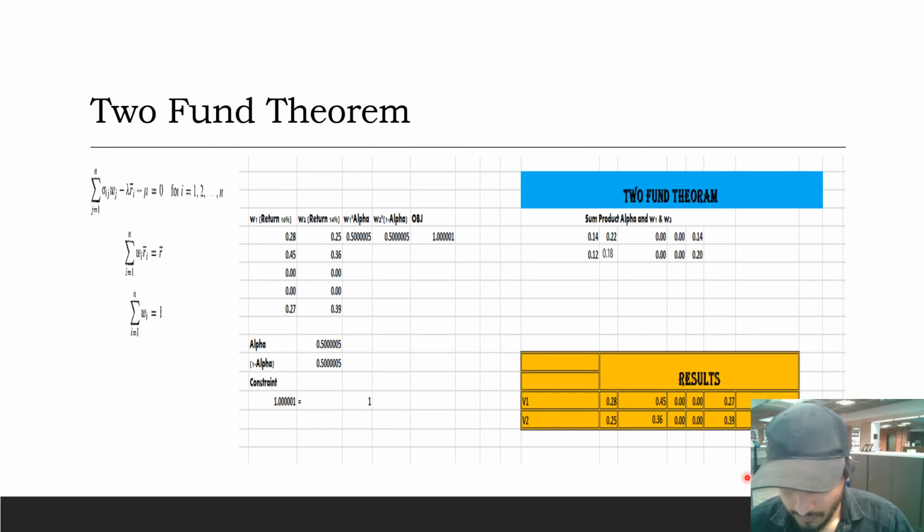You can see the results over here in this yellow table. So this V1 and V2 are the two vectors which represent the weights that can be used to construct an efficient portfolio each and every time instead of running the model again and again.